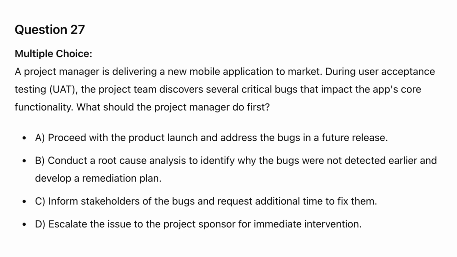A. Proceed with the product launch and address the bugs in a future release. B. Conduct a root cause analysis to identify why the bugs were not detected earlier and develop a remediation plan. C. Inform stakeholders of the bugs and request additional time to fix them. D. Escalate the issue to the project sponsor for immediate intervention.